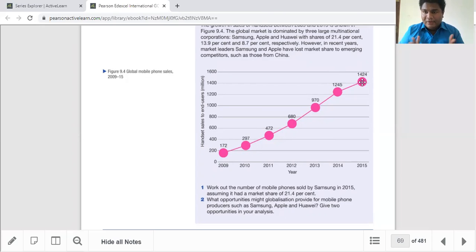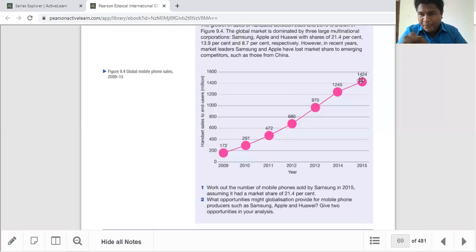If you do this simple calculation, 1,424 multiplied by 21.4% on your calculator, the answer is 304.736 million. So out of 1,424 million, Samsung's 21% means about 304 million.